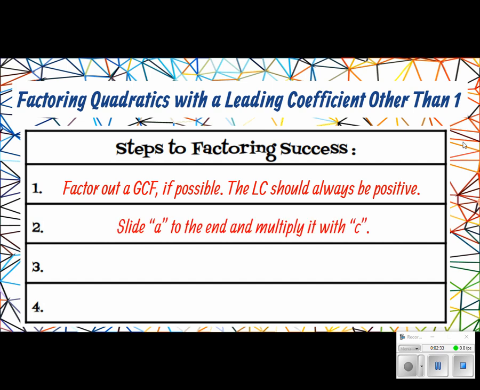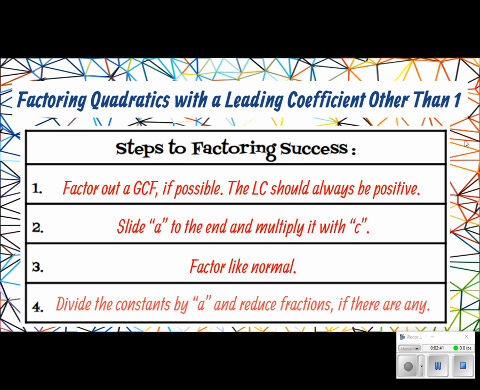Then you're going to slide a to the end and multiply it with c. You're going to factor like normal. And then you're going to divide the constants by a, reduce the fractions if there are any, and then I'll show you what to do with those. But we basically are going to slide, factor, divide, and when we divide, we always simplify our fractions. Always, always, always simplify our fractions.